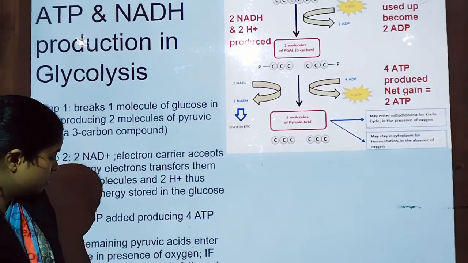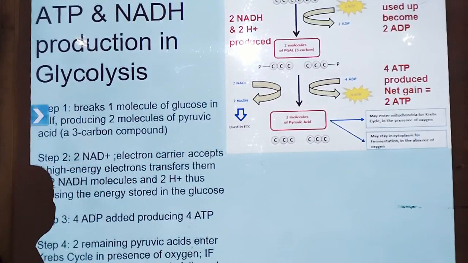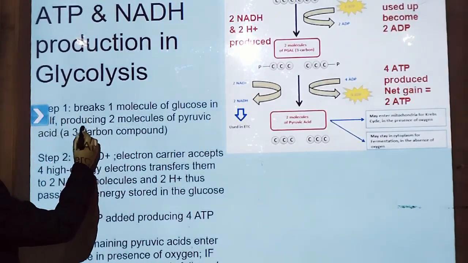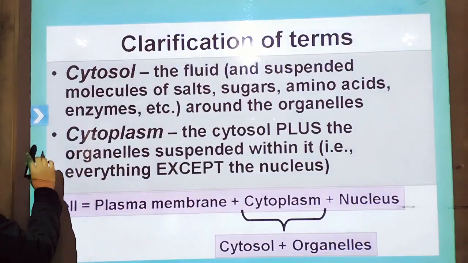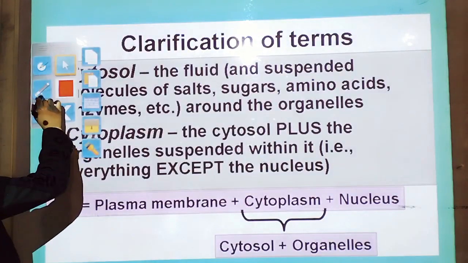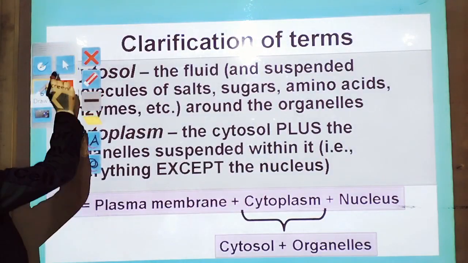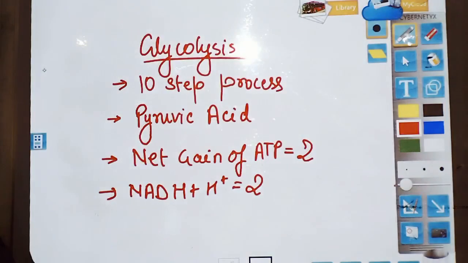So this is the overall reaction. Now let us discuss how ATP and NADH get synthesized in the 10-step process.